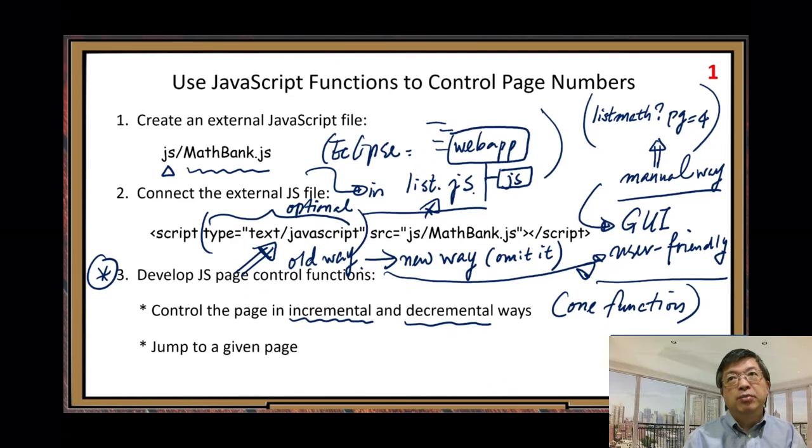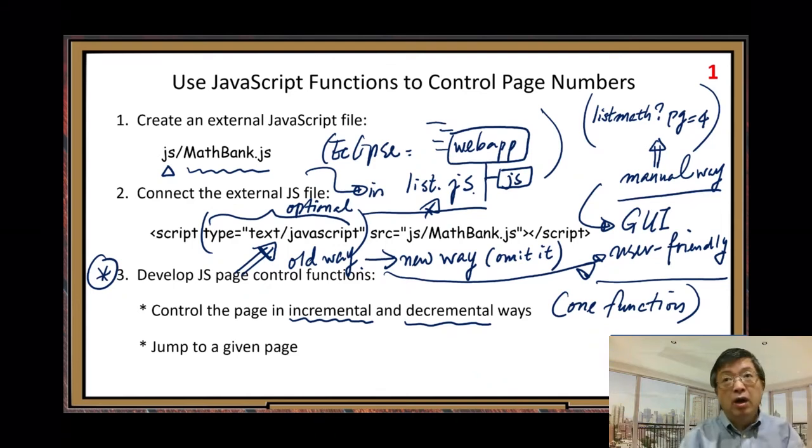Suppose we have hundreds of pages in a big math question bank. You may need to go to a particular page, but the total number of pages is several hundred.